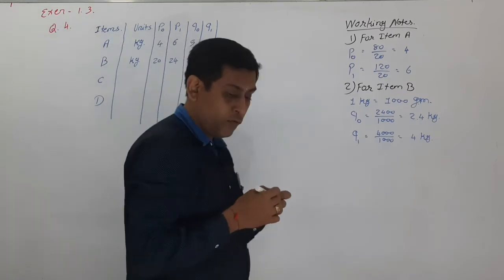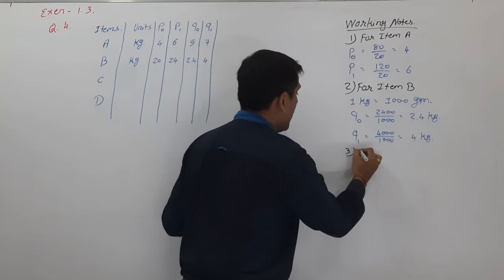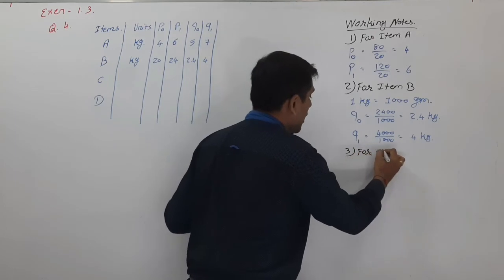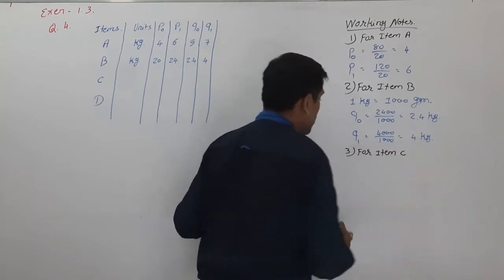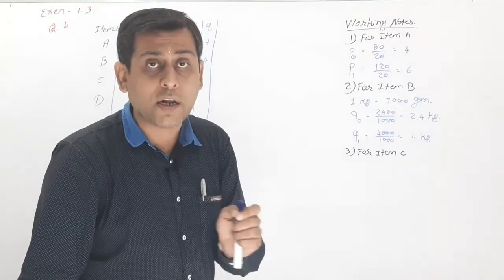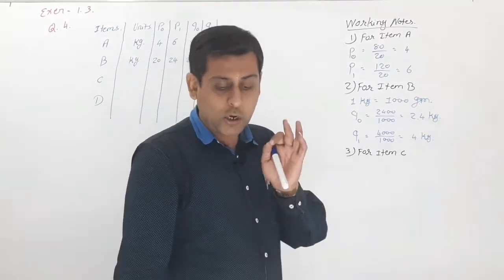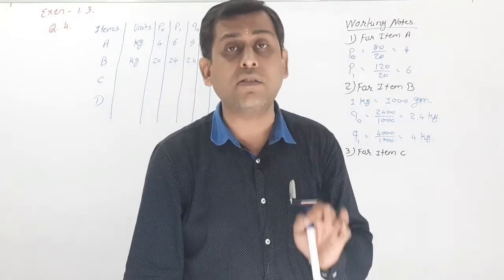Now for item C, what is the calculation for that? See here, quintal is given in the unit column, and in the quantity column kg is given, right?